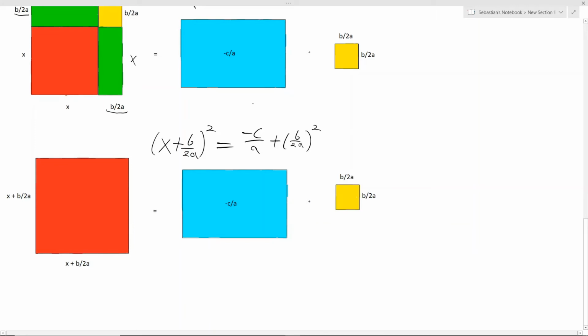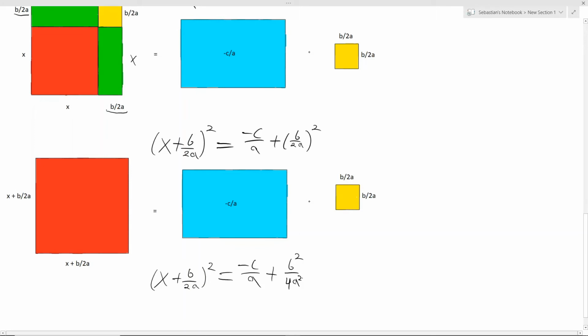And what I'm going to do is algebraically simplify the right hand side of this equation, and what that looks like is we're just going to have x plus b over 2a squared equals minus c over a. Now we are distributing the square, so we're going to have b squared over 4a squared since we distributed to both the numerator and the denominator.